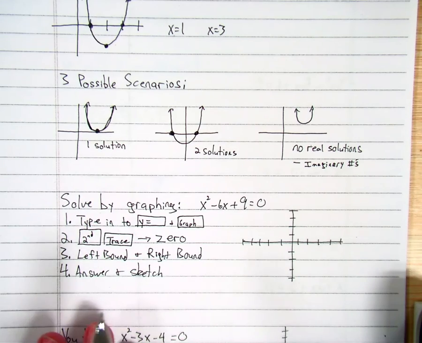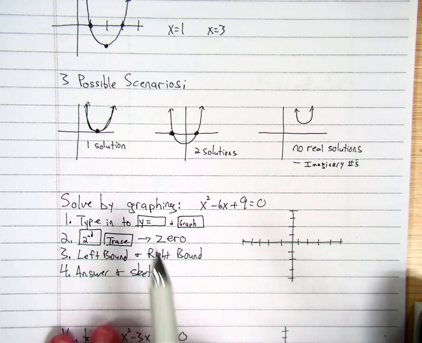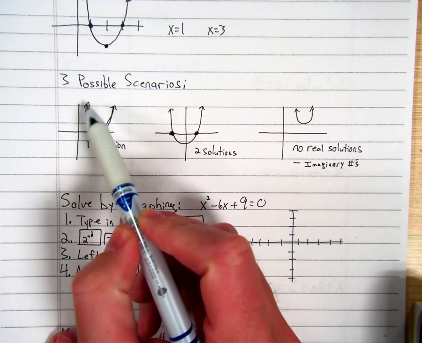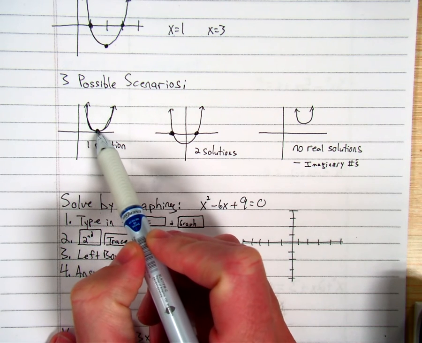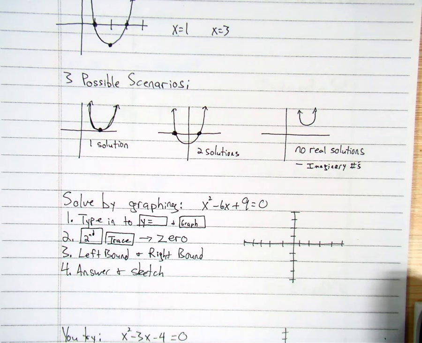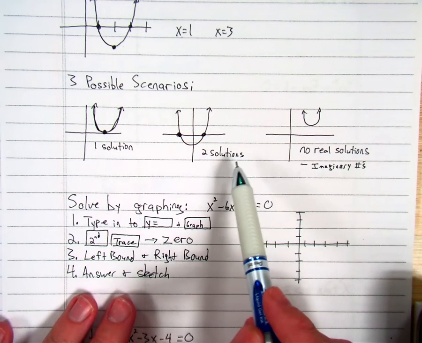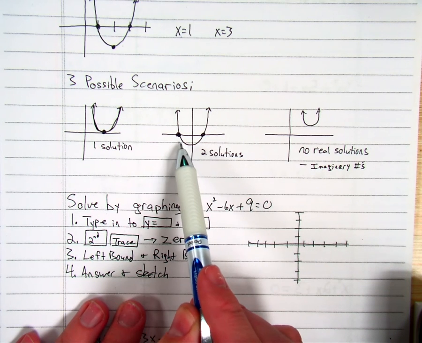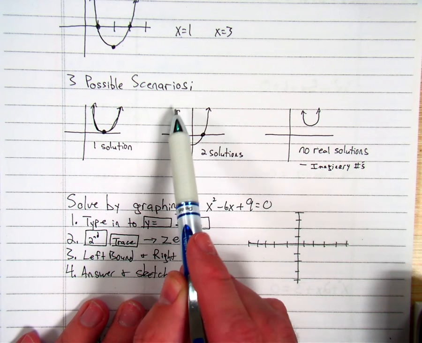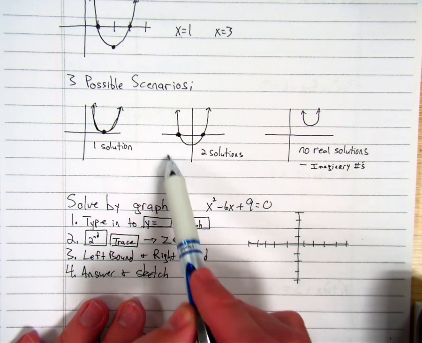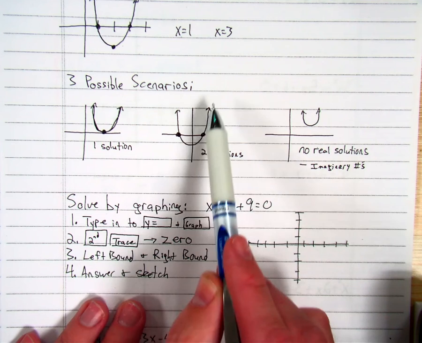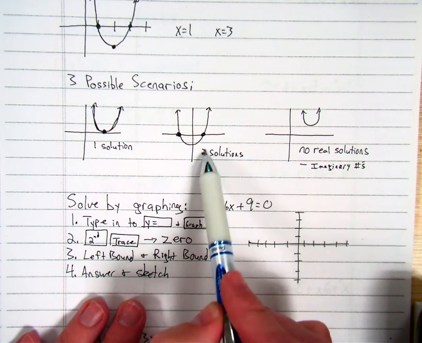We've got 3 possible scenarios today. You could have one solution if your parabola just touches the x-axis and turns around. And we have 2 solutions if we go through it, either up and down, like this way vertically, or the other way.